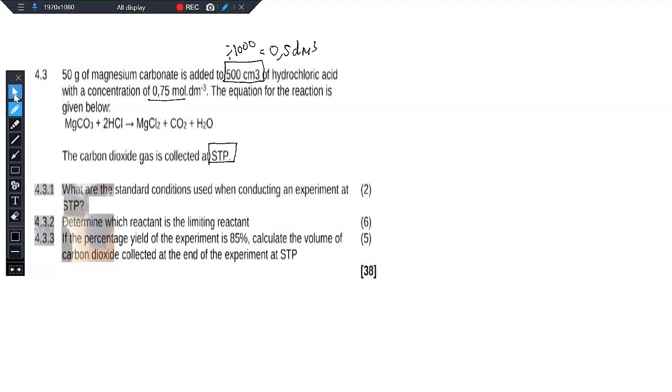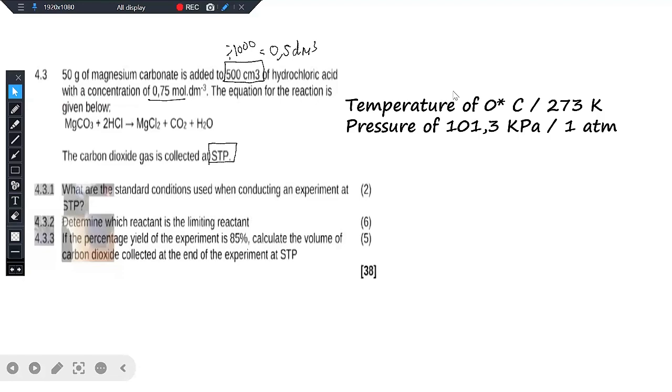So this is what you always have to say when it comes to that question. We must always have a temperature of 0 degrees Celsius or 273 kelvins, which is equivalent to the 0 degrees Celsius. Then we must always have a pressure of 101.3 kilopascals, which is atmospheric pressure, right?